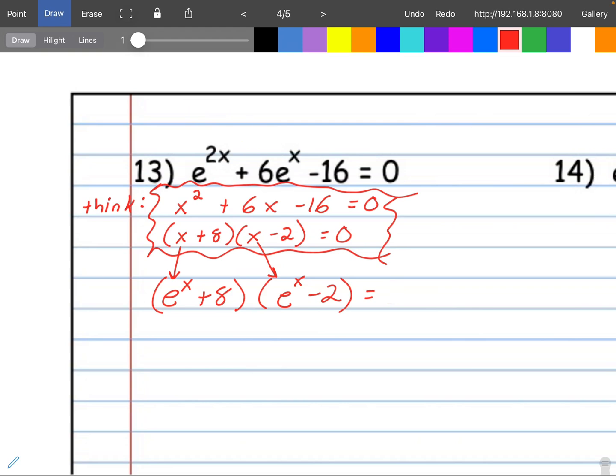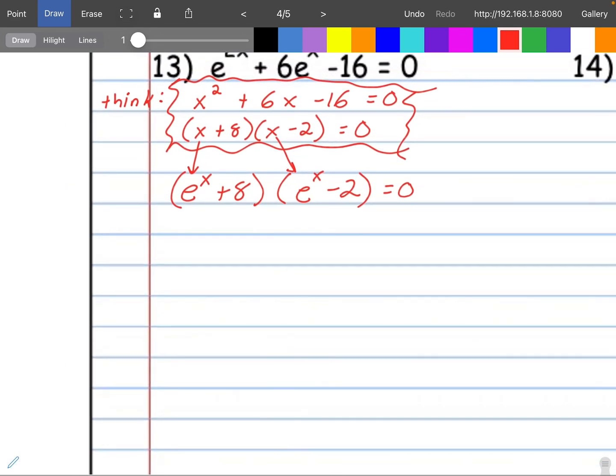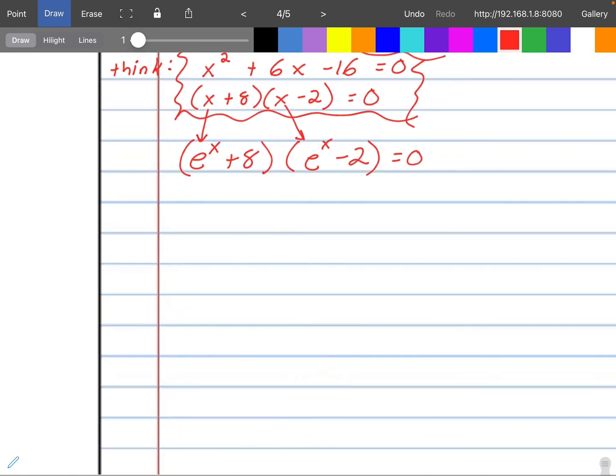Okay, we're already factored, so let's get them solved. Once we're done factoring, we set each factor equal to 0, and then we solve. So if I take that first factor, e to the x plus 8, and I set it equal to 0, then I take my second factor, e to the x minus 2, and set it equal to 0.